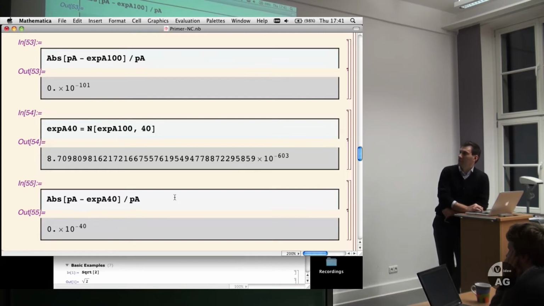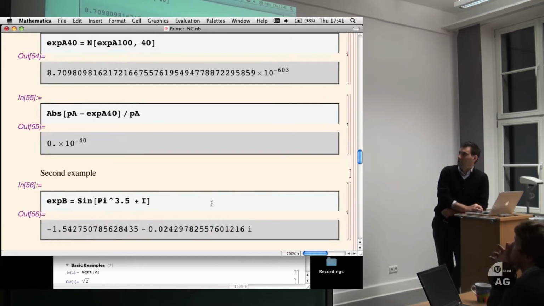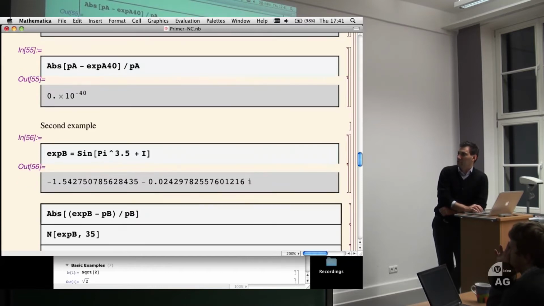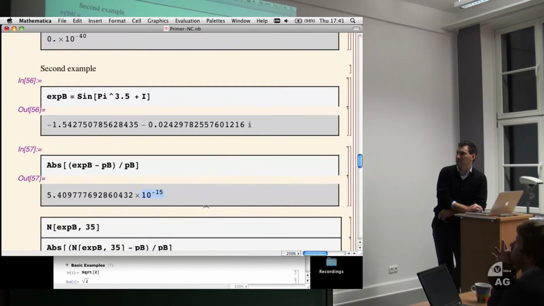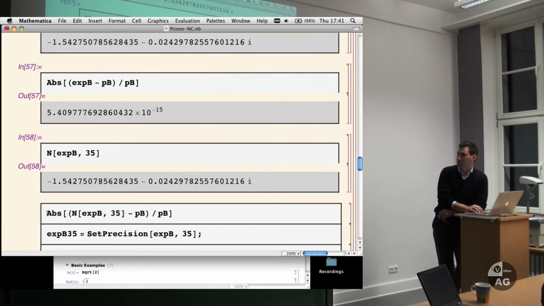All right? Let's try to do the same in the second example. We start similarly, we have 16 digits for the real part, 16 digits for the imaginary part. So this number again is something of the order of 10 to the minus 15, 16, that's fine. If I want 35 digits, see that I'm not getting them.